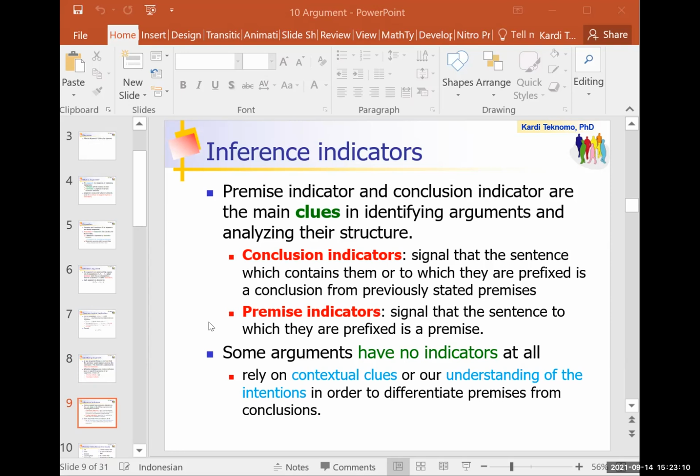What is a premise indicator? It is another signal, word or phrase, that the sentence to which it is prefixed is a premise.